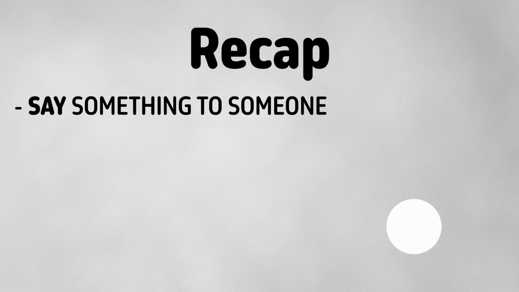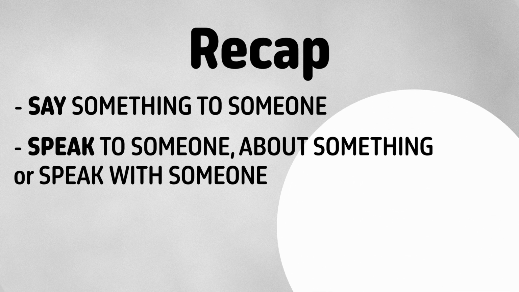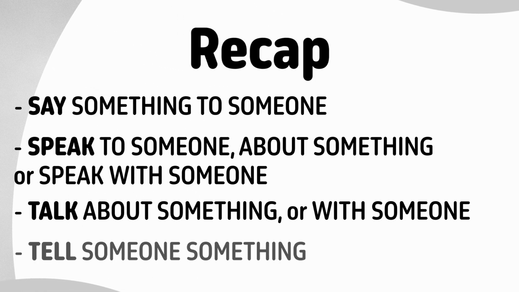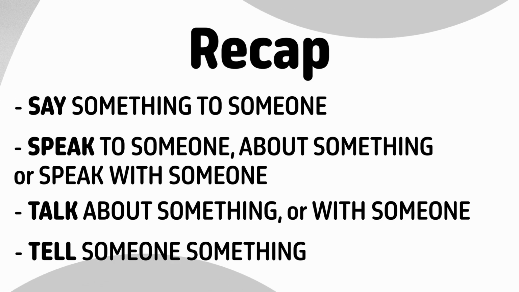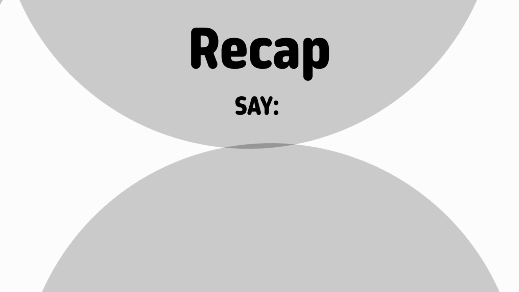Let's do a quick recap. You can say something to someone, speak to someone about something, or speak with someone, talk about something, or talk with someone, and tell someone something. Say.